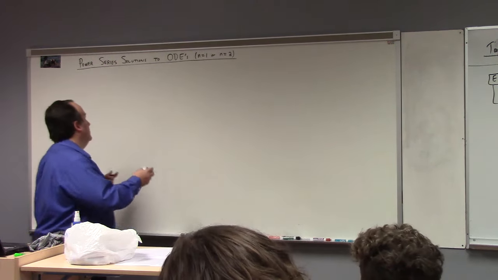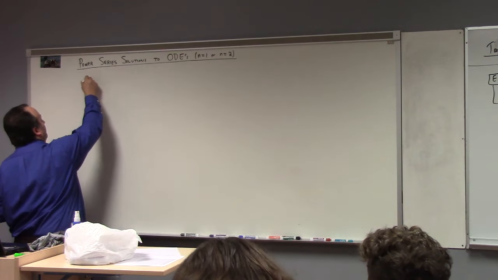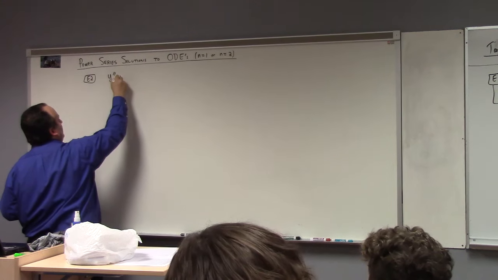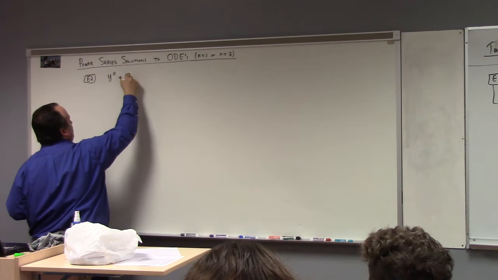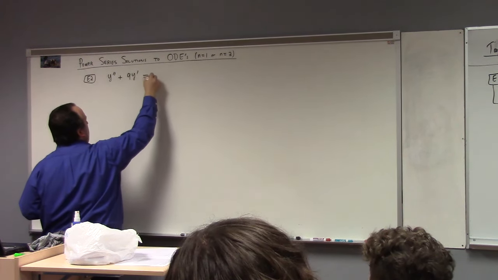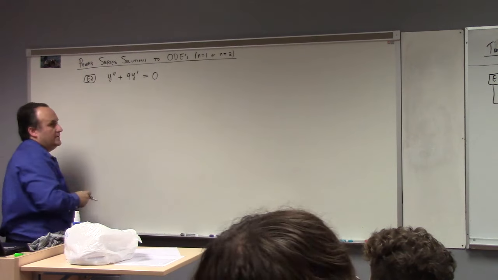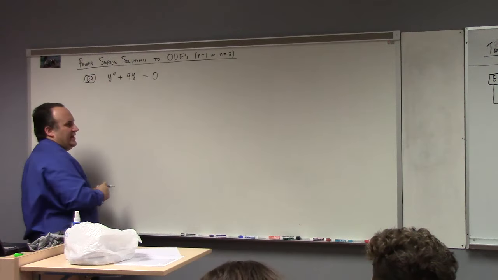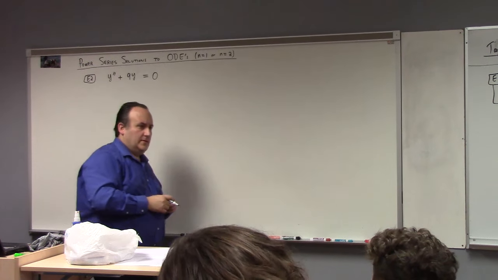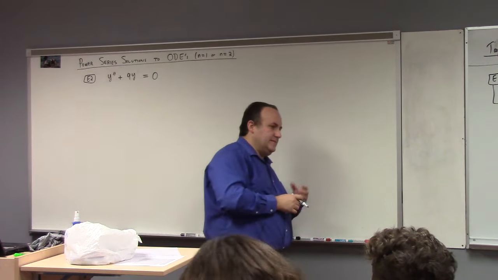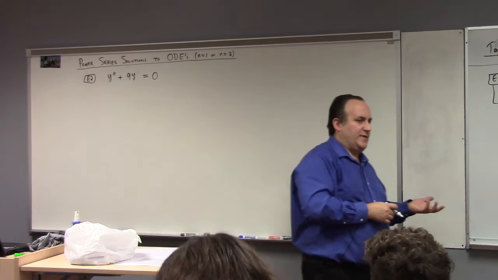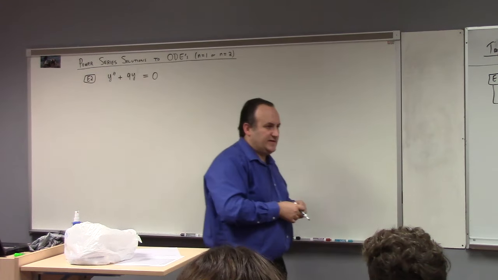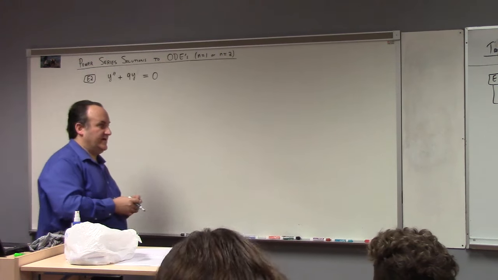So I'll start by working out an example which should be familiar, and we've worked out a different way, but I'm going to work it out from the theory of power series because it's a good starting example. We'll try a harder one next class probably. So example 2, we could try something like y double prime plus 9y equal to 0. Again, we could do this with the other method. I'm using this example because it makes the power series analysis a little bit easier to track.